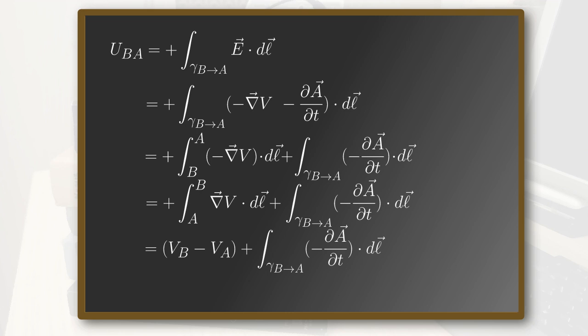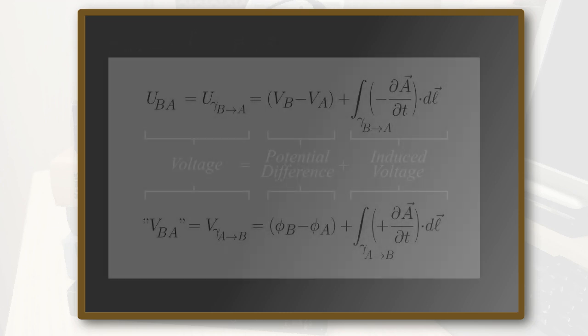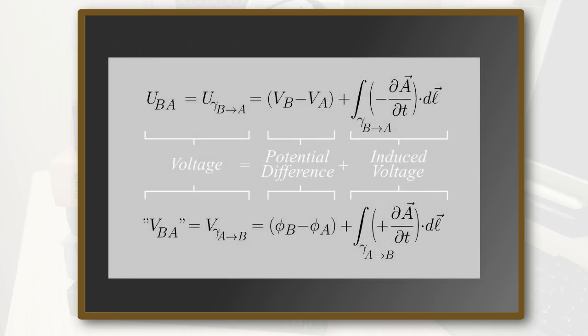Try not to be confused by the different symbols adopted to denote voltage U and potential difference V in the IEC notation. Here is a comparison of the decomposition of voltage with the IEC notation and the same decomposition with our notation, where V stands for voltage and phi stands for potential difference. We use the same choice of letters for the endpoints.